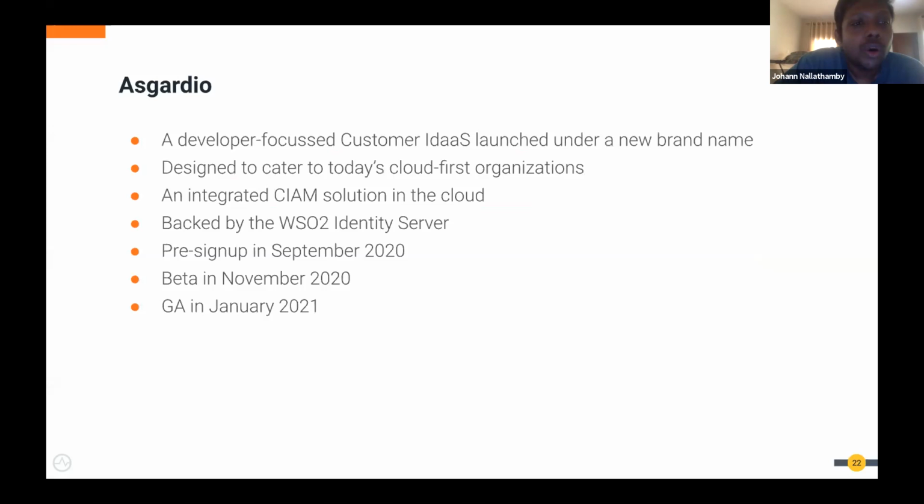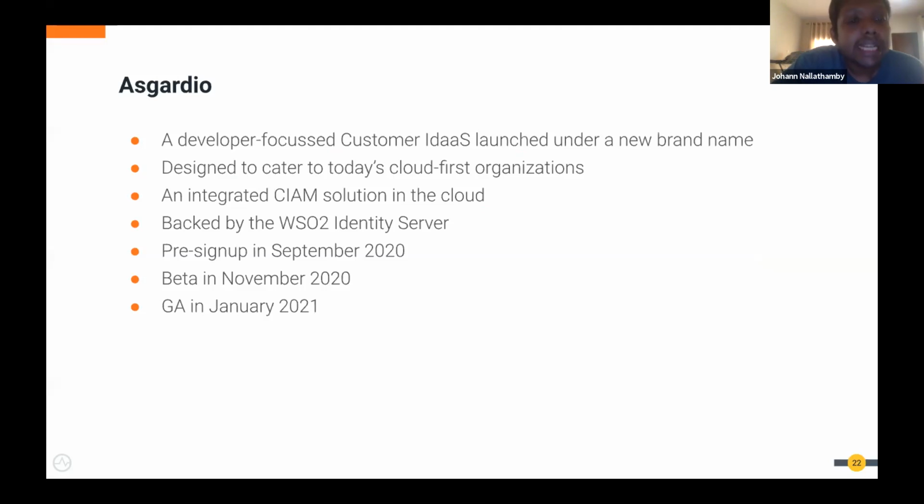So this is an upcoming product or solution from WSO2. WSO2 is working on its developer focused customer identity as a service solution with a new brand name called Asgardio. This is designed to cater to today's cloud first organizations.